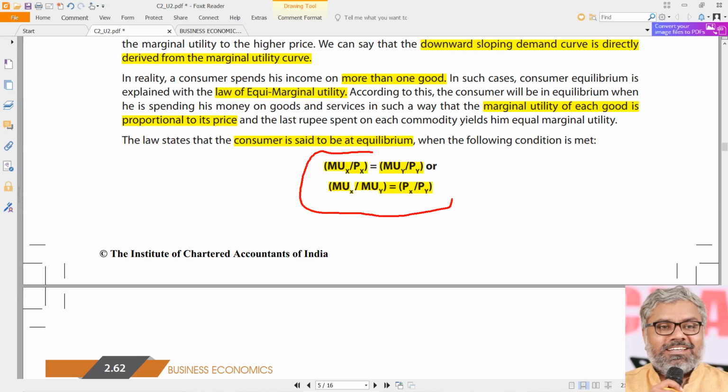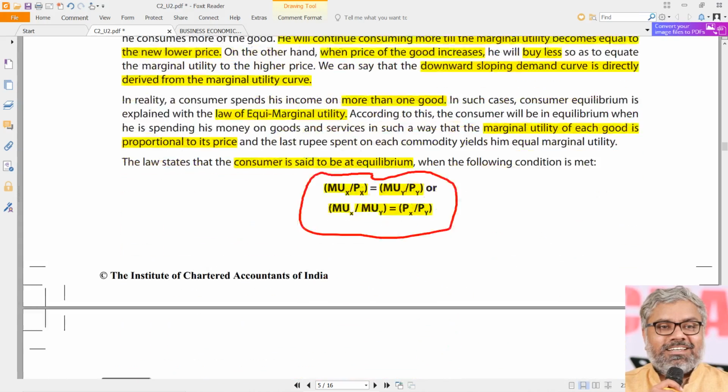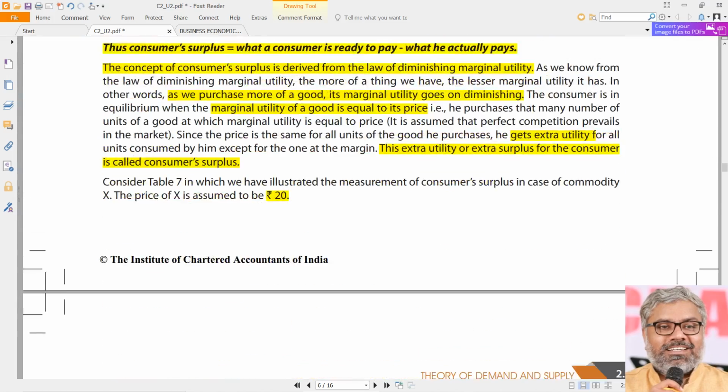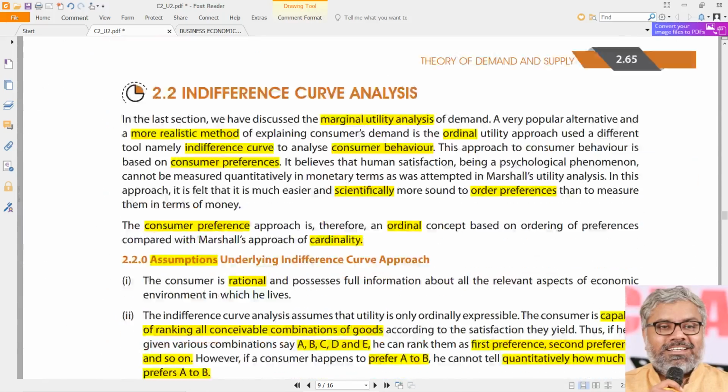That's what consumer's equilibrium is, right? But that was under the marginal utility analysis. Still the same, because both ultimately reach the same point. When the marginal utility of X divided by marginal utility of Y is equal to price of X divided by price of Y, then only the consumer is said to be at equilibrium. We are not violating that. We are not bringing anything new in that.